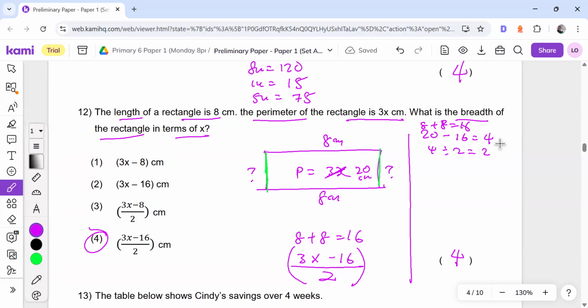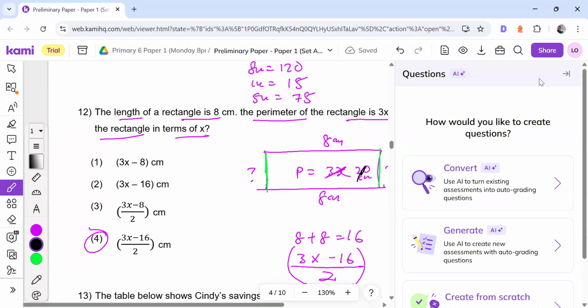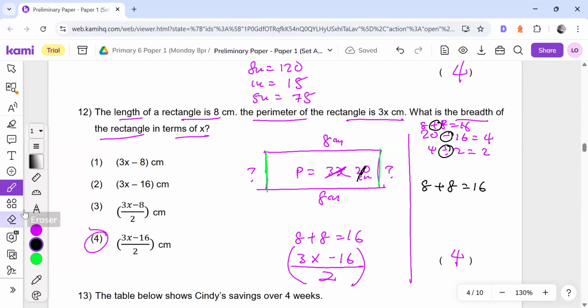Okay, now why do you want to do this? So that you can copy the steps. This is what you do. If you don't know what to do, change the letter into a number. Copy the step. Then what do you do now? You take 8 plus 8. Okay, still 8 plus 8 equals 16, right? Copy. Then 20 is not 20 anymore already, because 20 is now 3x.